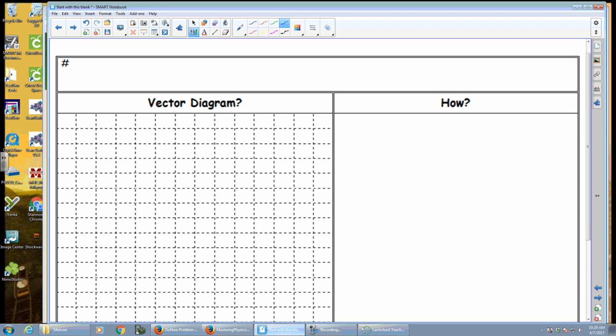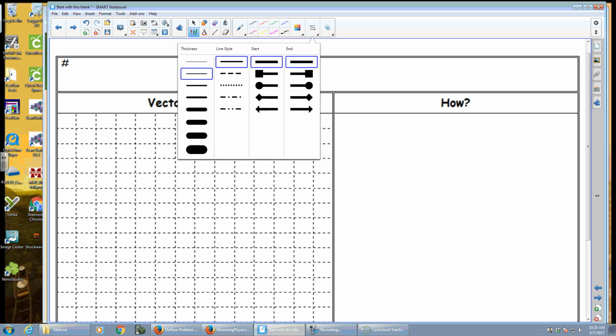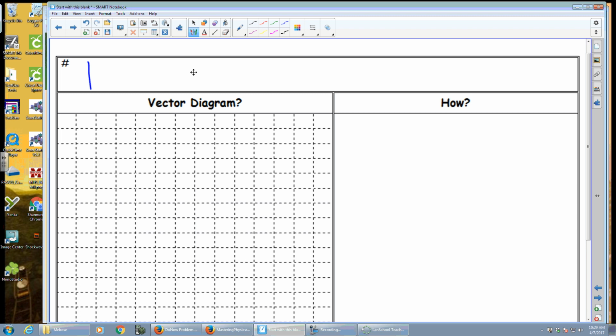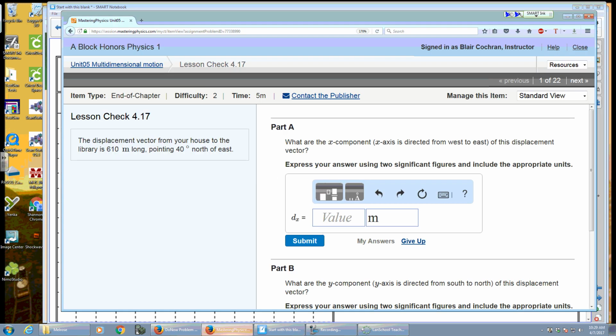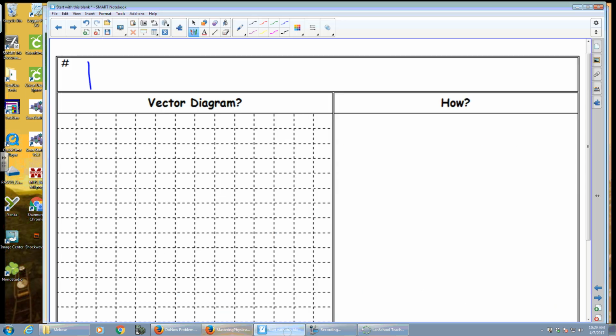Nothing else needed. I'm actually surprised this one was asked for so often, but it's what the class wanted, so we go with it. All right, so 610 meters long, pointing 40 degrees north of east.